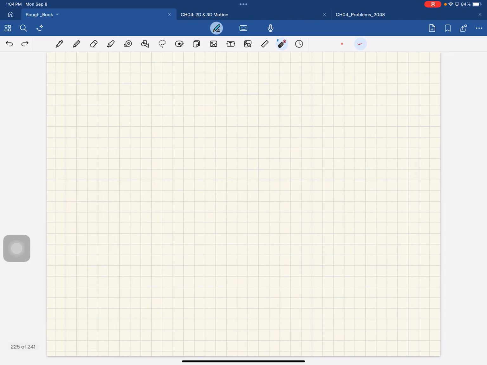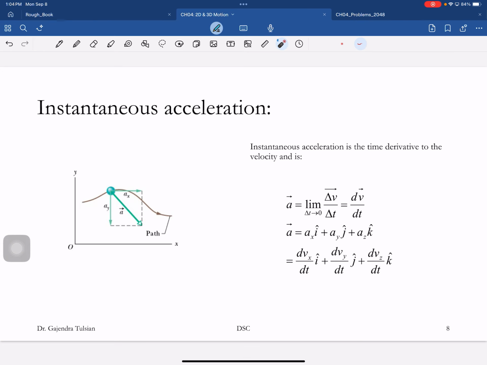All right, so now let's apply that. Here's the path you're going in. Let's say you're going on a curved path like this. If you have a tangential acceleration, what does that mean? Your speed is changing. Anytime you have an acceleration, your velocity is changing.